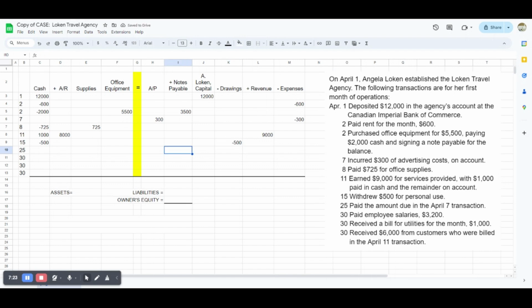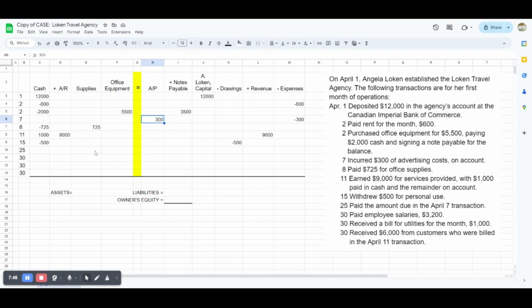On April 25th, paid the amount due in the April 7th transaction. Okay, so let's go back to the April 7th one. Incurred $300 of advertising costs on account. And yeah, here it is. And now it's saying that you paid it.